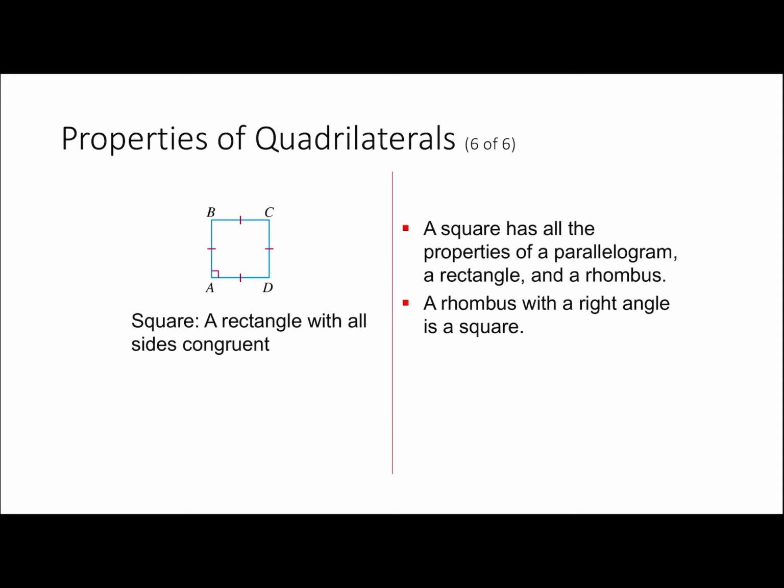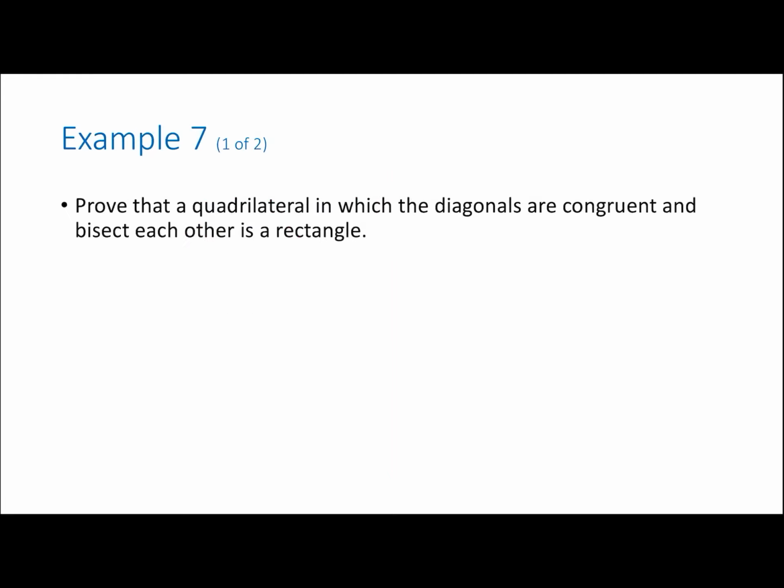And so every time we've added some of these in, a square has all of those properties. Because even like on a rhombus, it had the properties of a kite. Well, a square has properties of a kite, but it also has properties of a rhombus too. A rhombus with a right angle is a square. So again, we know that.